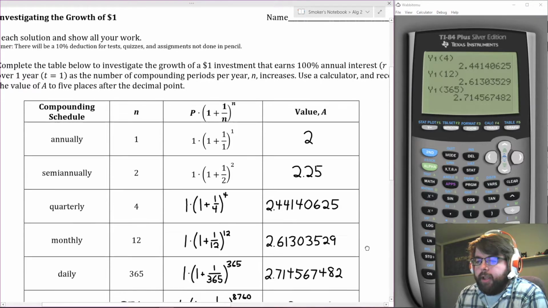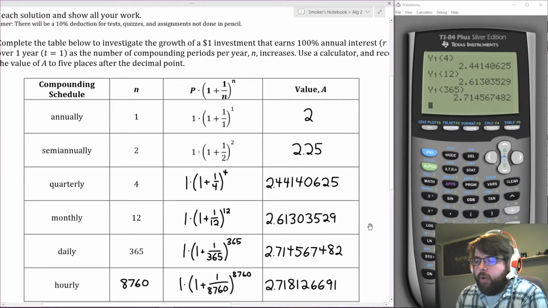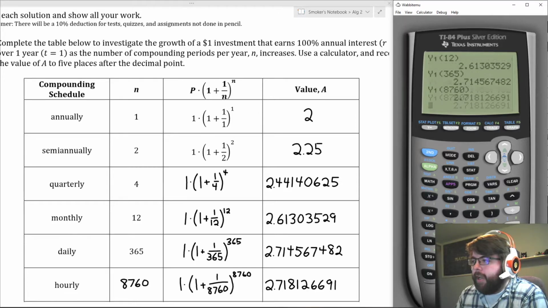Okay. All right. So what if you're doing it hourly? Every hour you're compounding the interest. Again, I'm going to just confirm that the numbers I've written down are correct, as you can see there.